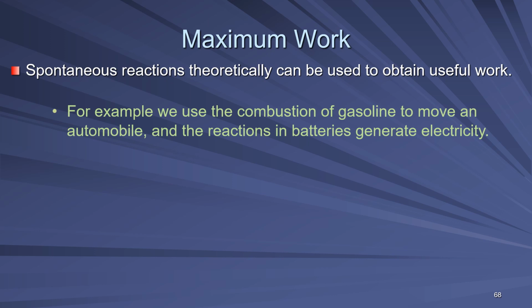However, if we combust gasoline in our car, in pistons, the combustion will move the pistons and move other things, and so our car will work. So you can generate electricity, or you can get some kind of work out of the combustion of gasoline. So reactions can be used to obtain useful work.